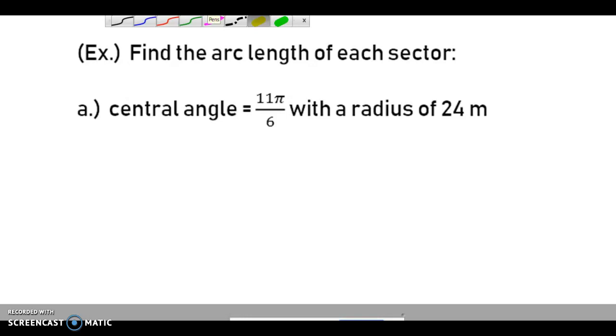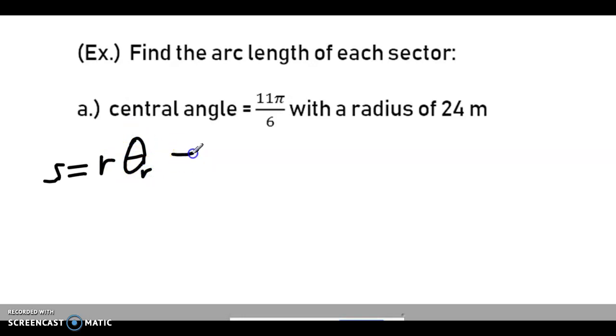Okay, so our angle is in radian measure, so the formula for arc length S is going to be R times theta in radian, right?